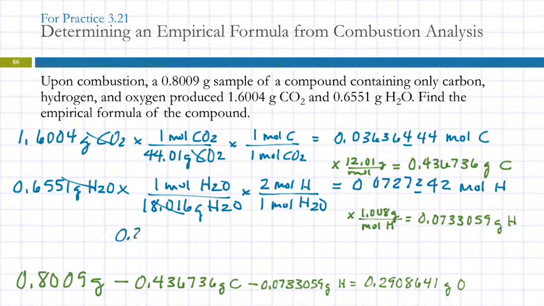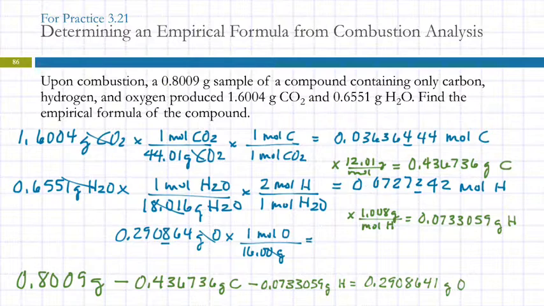So we've got 0.290864 grams of oxygen. And we just need to convert that to moles. 1 mole of oxygen is 16.00 grams. So we see that the grams cancel out. So that number divided by 16.